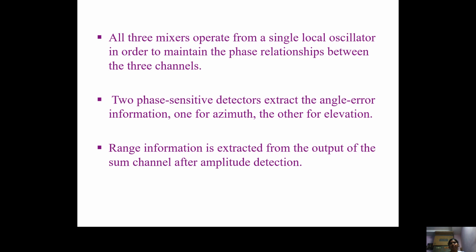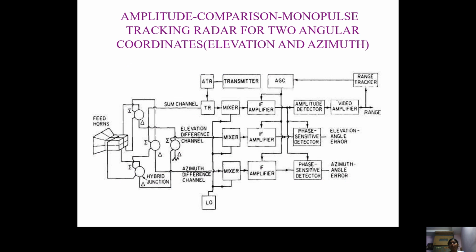Okay, so as we have shown in the block diagram, two different channels are available here, which operate to determine elevation angle error and azimuth angle error. This can be done by using two different phase sensitive detectors.